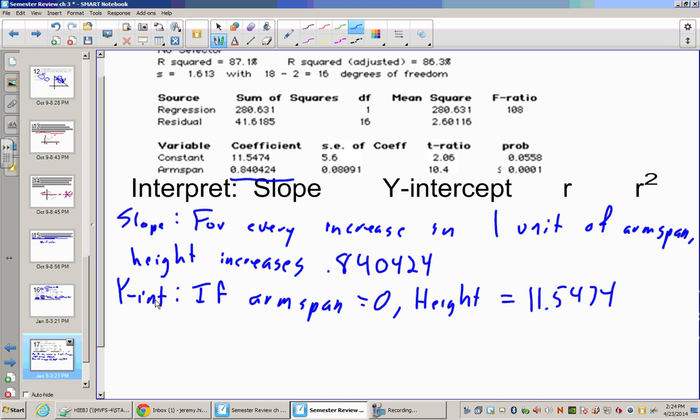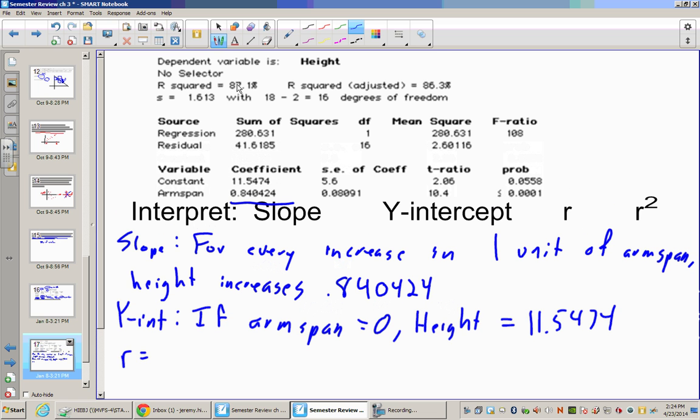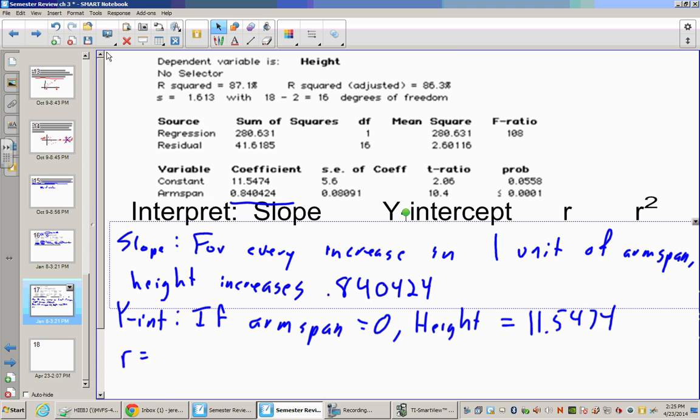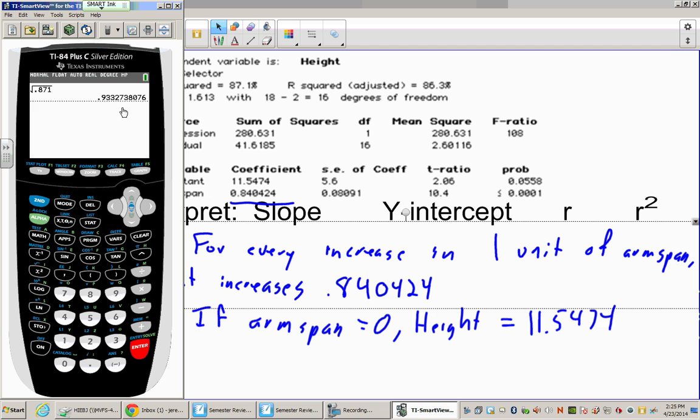All right, R. Your R value we get by square rooting this. Hold on one moment. All right, I took out my calculator and I found the square root of 0.871 is 0.933. So 0.93 is probably good.